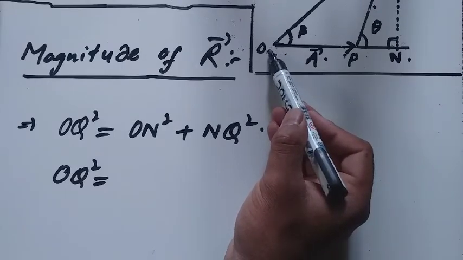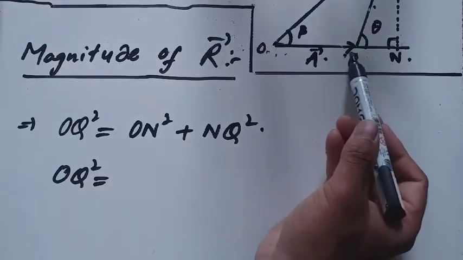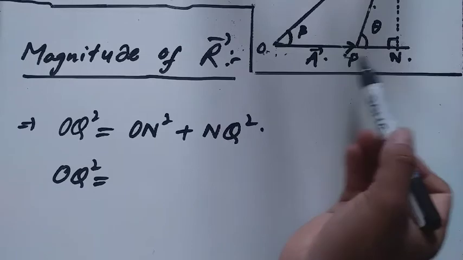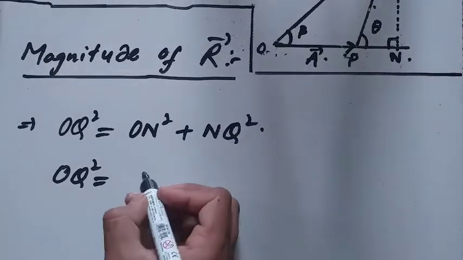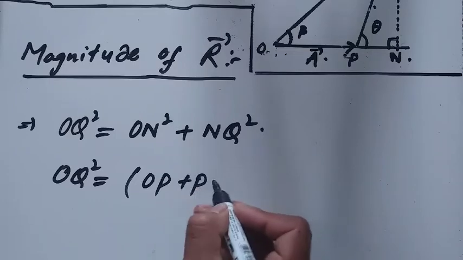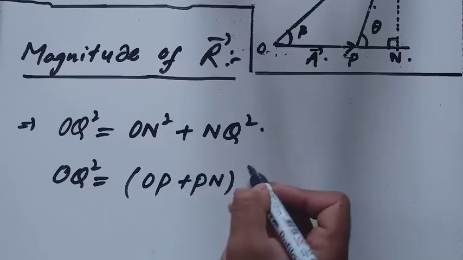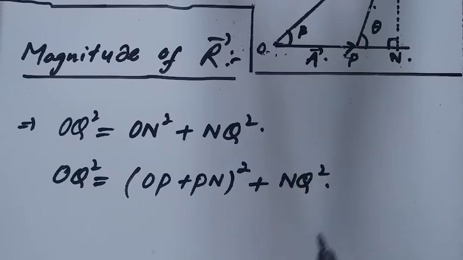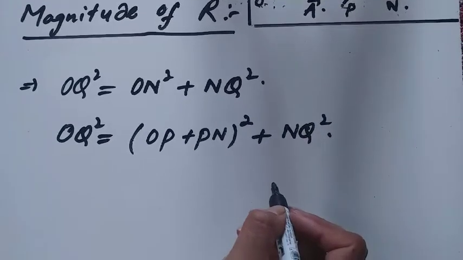I can write in this way, that is OP and PN, because when we sum up this OP and PN we get ON. I can write in this way, that is OP plus PN whole square plus NQ square. All right.